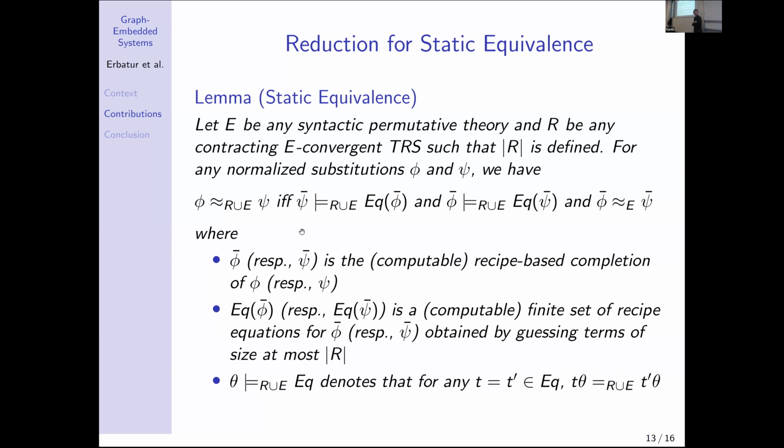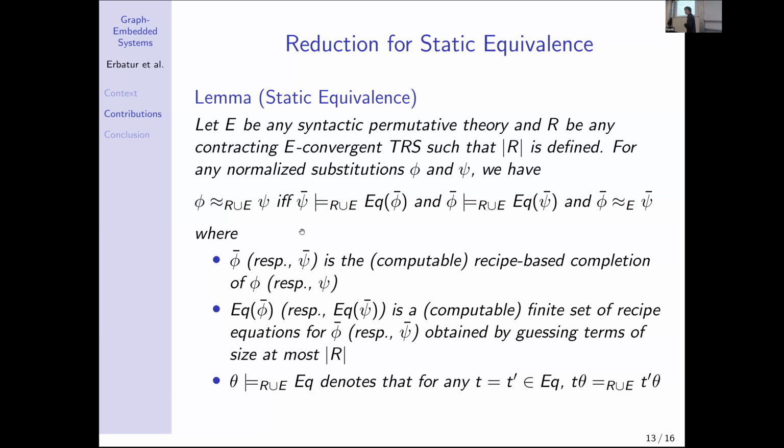And for static equivalence, again, we have a reduction, but it is a bit more complicated, in the sense that again we need to massage the substitution. Here we consider substitutions denoted by the bar, so phi bar and psi bar.